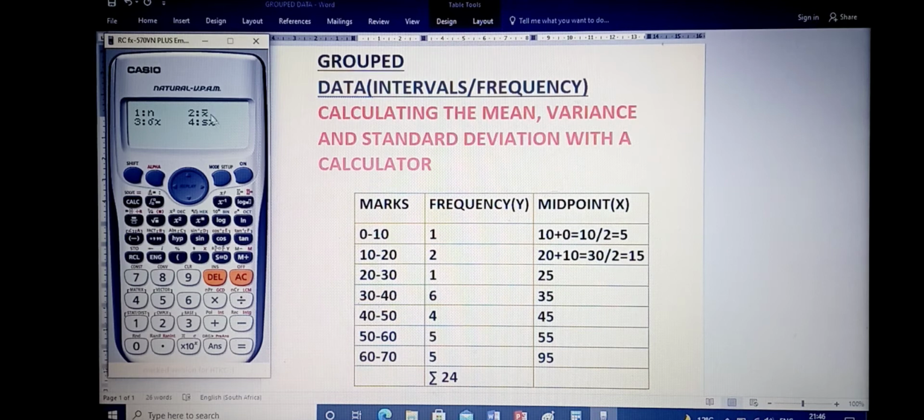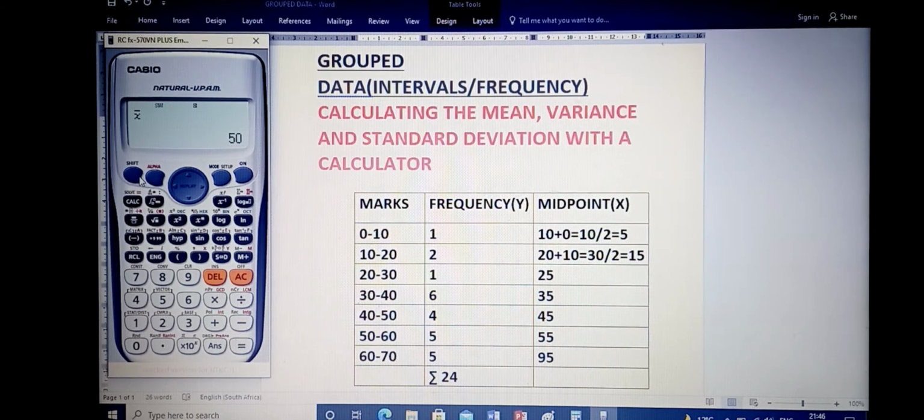Now you can again look at this table. The number 2, the X bar is your mean, and number 3, your sigma X, which is your standard deviation. So I want to find the mean. I'm going to press number 2 and then press equals, and there we are. So the mean for this data is 50. Okay, so that was done nice and easy.